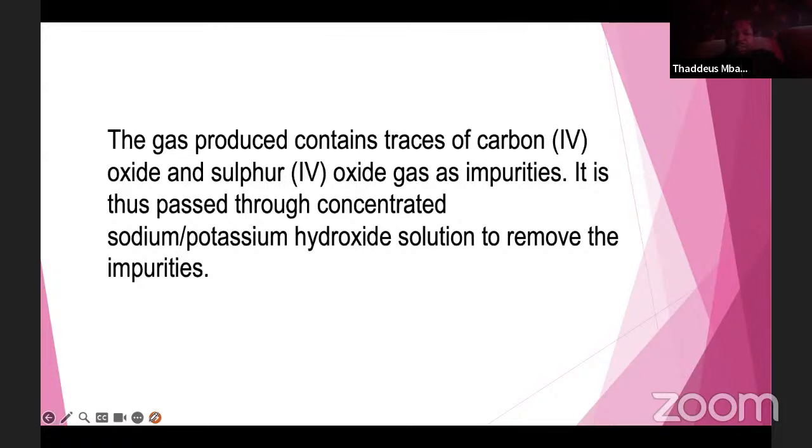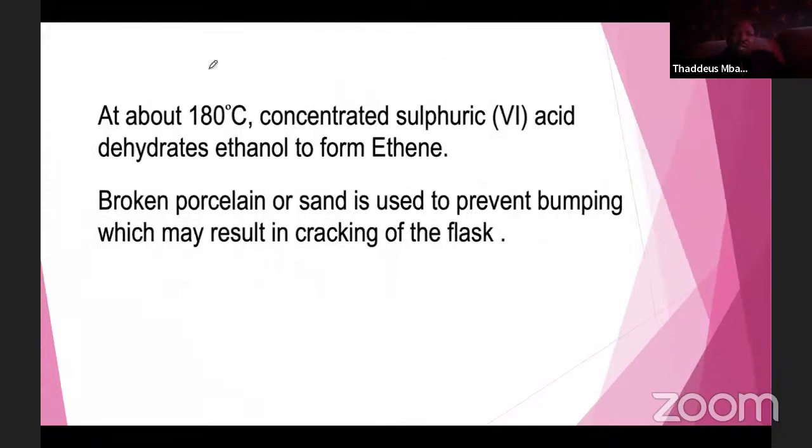At about 180 degrees Celsius, concentrated sulfuric acid dehydrates ethanol to ethene. Broken porcelain or sand is used to prevent bumping, which may result in cracking of the flask.